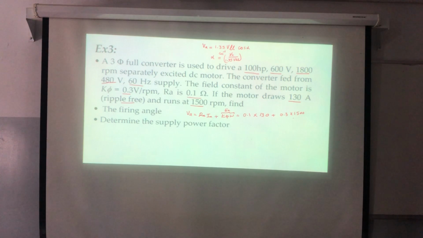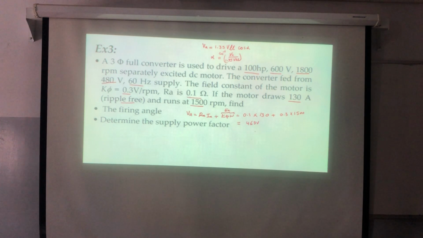So if I do the math on the calculator, 13 plus 450, so 463 volt.